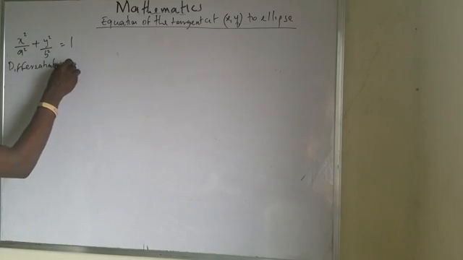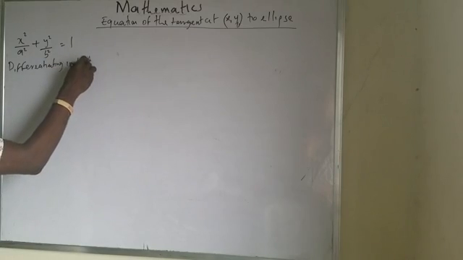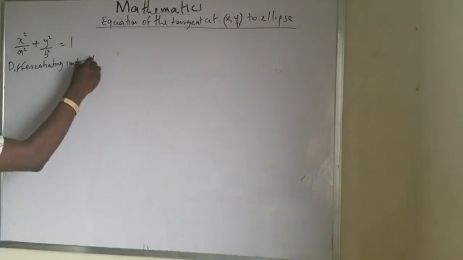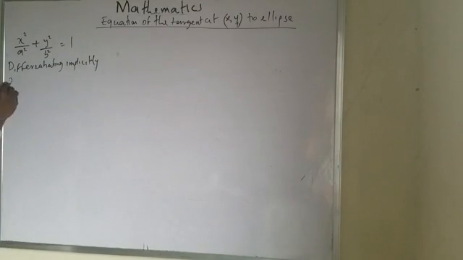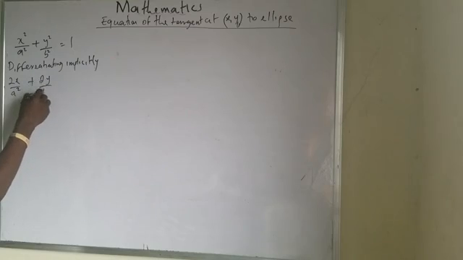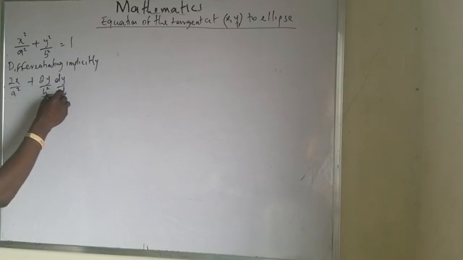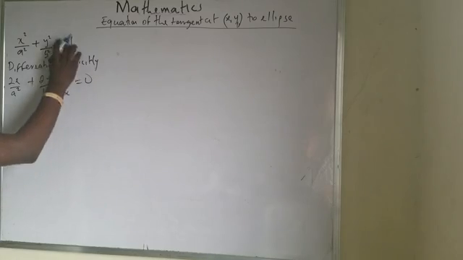If I differentiate implicitly, I will have 2x over a squared plus 2y over b squared dy/dx equals 0, since 1 is a constant.